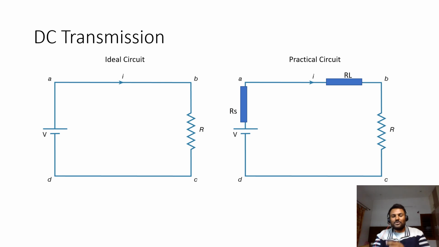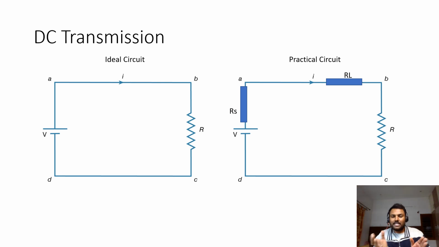That is what I am showing in the practical circuit. I mentioned RS as source resistance and RL as line resistance. Meaning the source, whatever we connected, the battery, has its own source resistance, and the wire we connected also has resistance.